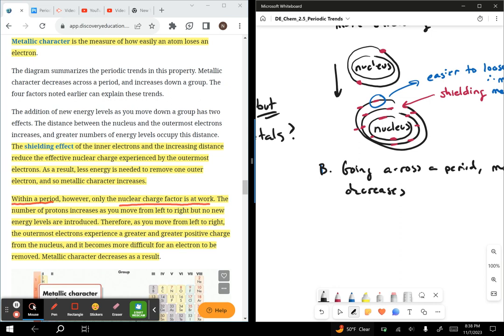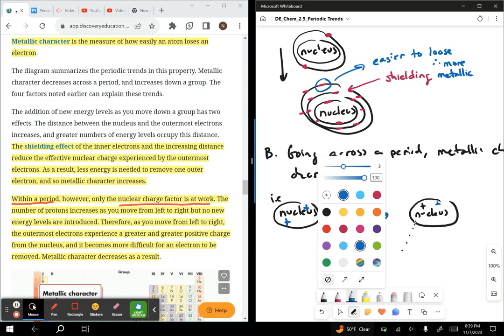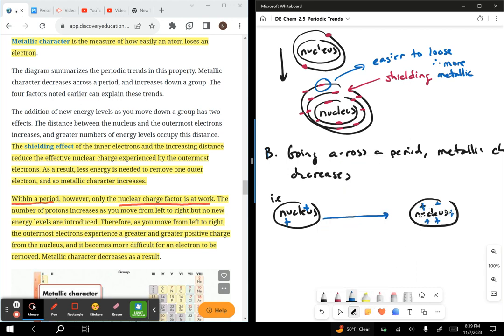Decreases. And the reason why is if you have a nucleus with two charges, and then you go all the way over to one that's got a nucleus with, let's just say, 1, 2 there, and here we're going to say that you have 1, 2, 3, 4, 5, 6.